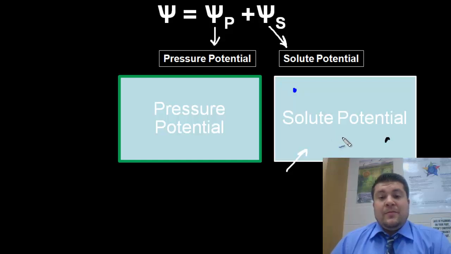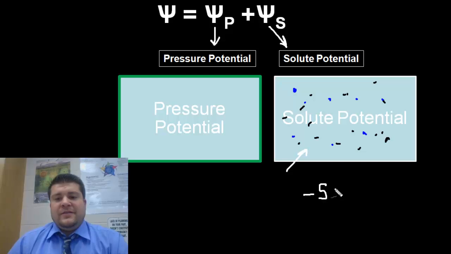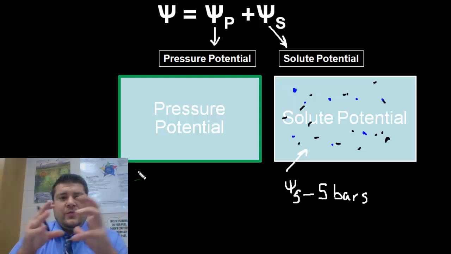So if we add more solutes in here, okay, and I'm just going to draw a few in here. So if we have more salts, this is going to really lower the solute potential. So let's say it's about -5 bars. And this is psi s. The pressure potential, this has to do with the amount of physical squeezing.